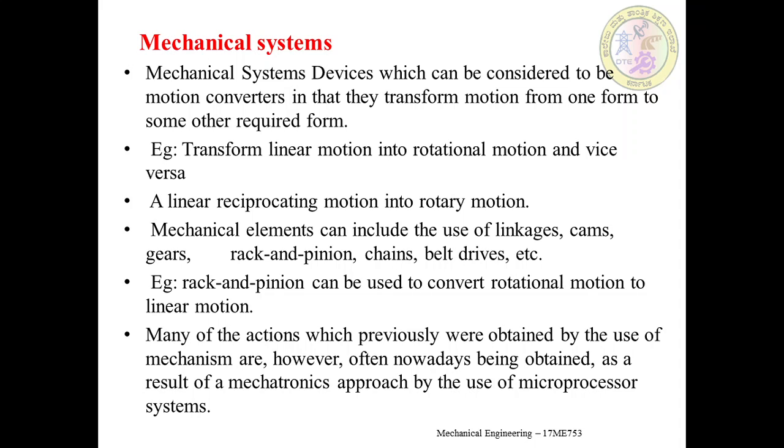Examples: transforming linear motion into rotational motion and vice versa, or linear reciprocating motion into rotary motion. Mechanical elements can include the use of linkages, cams, gears, rack and pinion, chains and belt drives, etc. For example, a rack and pinion can be used to convert rotational motion to linear motion.